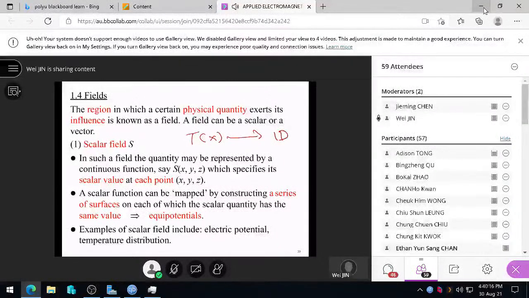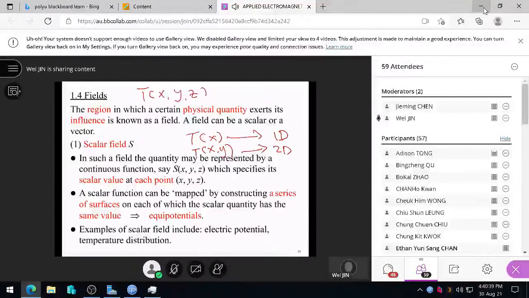If the temperature is changing with x and y, and along the other direction it does not change, it's called a 2D field. But more generally, the temperature is a function of x, y, z, that is a 3-dimensional field.